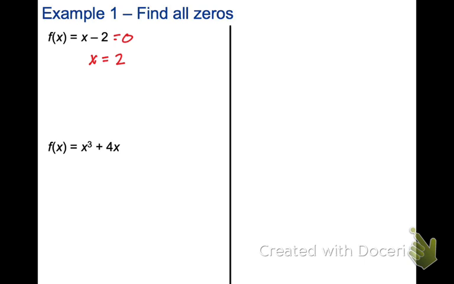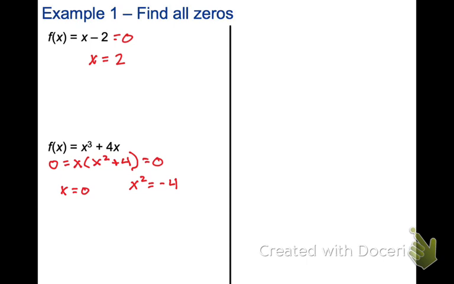Okay. x cubed plus 4x. How many solutions are we going to find? 3. How are we going to find those 3? Factor out an x. x squared plus 4. Not a difference of squares. They're imaginary because it's a sum of squares. If we forget that we can factor that, we just set both of them equal to 0. I get x equals 0, and I get x squared equals negative 4.